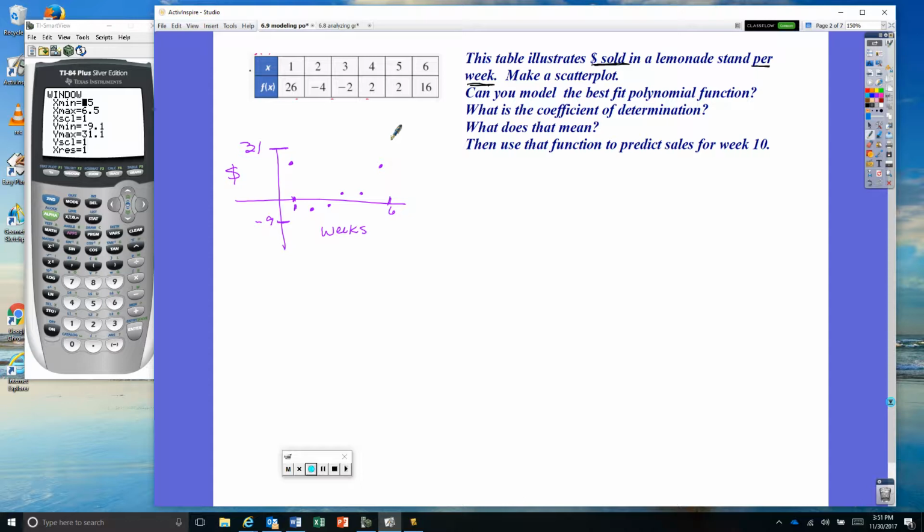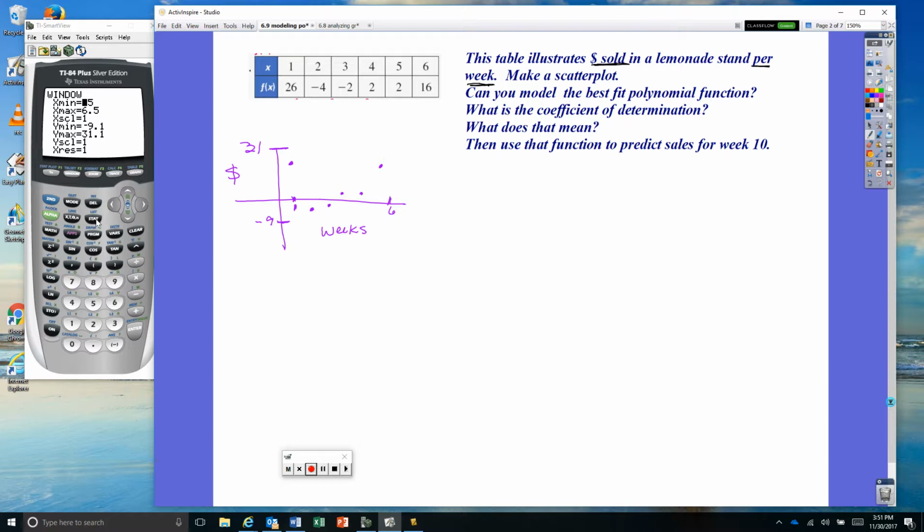It would be quartic because it's somewhat W-ish. Now remember, your quartics can look like parabolas too, but they're going to have to be like really flattening out, doing really strange things other than W-ish.